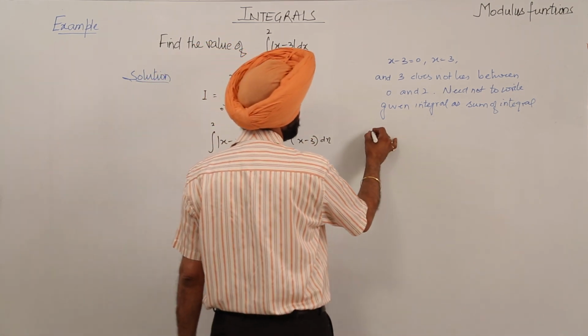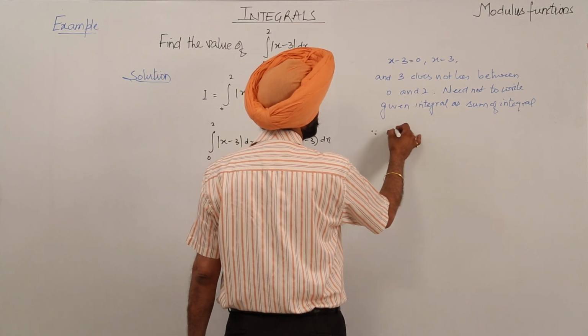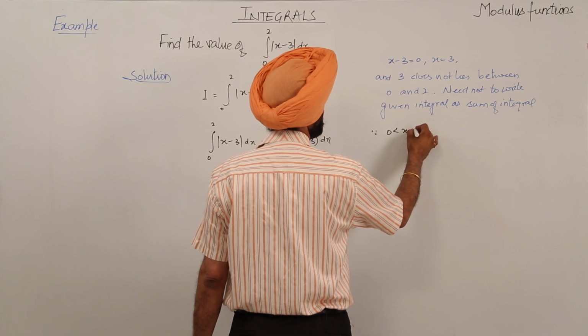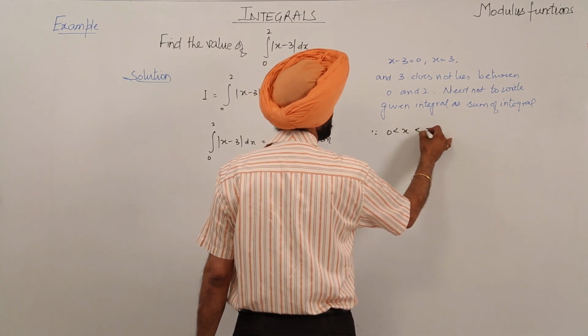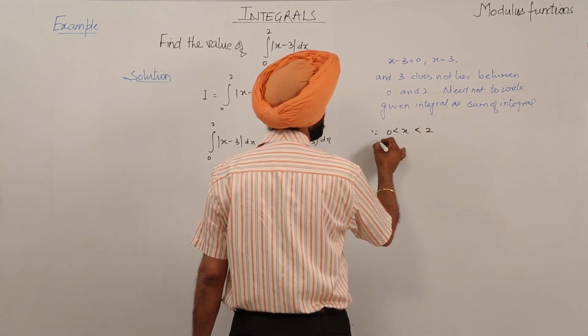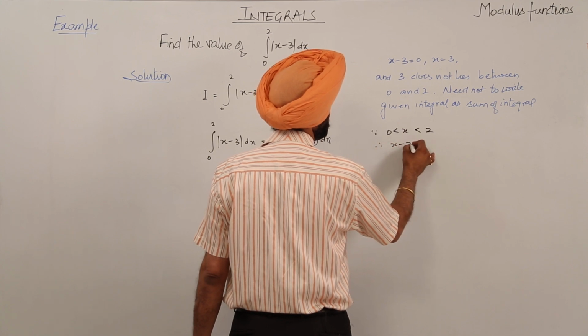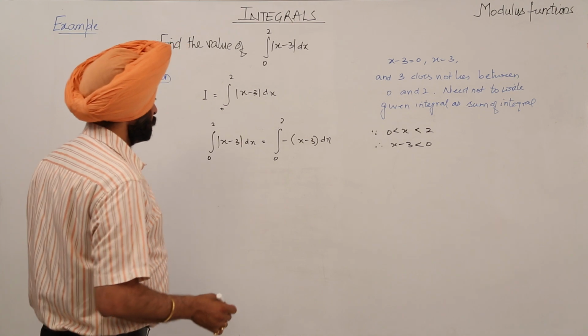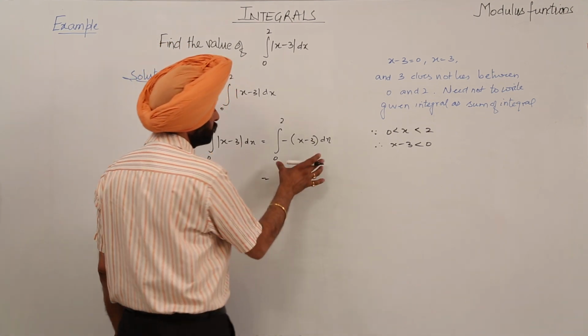Now we can write it as 0 is less than x is less than 2 and x minus 3 is less than 0. So we will be solving only this part.